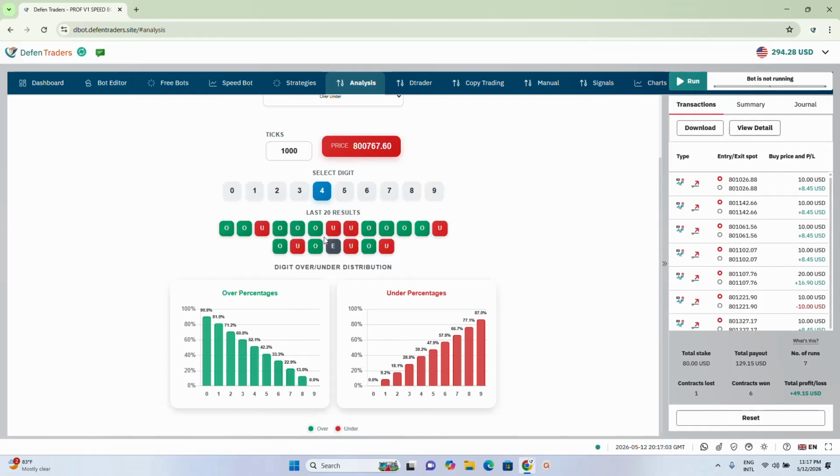So here you find how the digits in the last 20 ticks vile imekuwa ikikuwa generated. So kasa ili move to digit these, and most appearing zikakuwa here you can always see, and vile the digits zimekuwa zikikuwa generated, ndo unapata a representation of O meaning over, and then you have U which means under in red. Okay, green hiyo ni over.